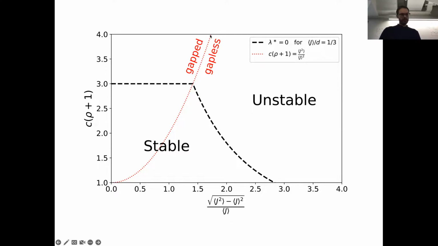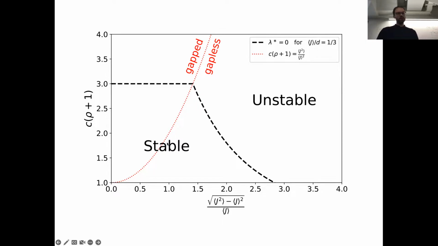And then this red line separates the gapped region, where there is an outlier, from the gapless region without an outlier. And the dashed line here is what separates the unstable region from the stable region.